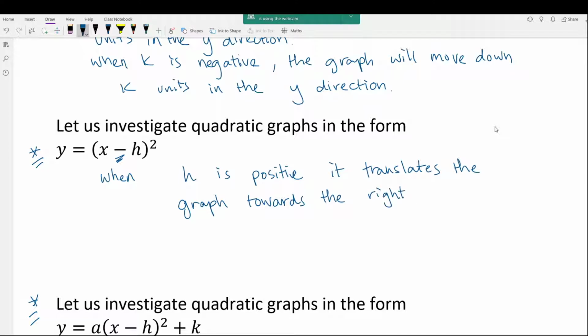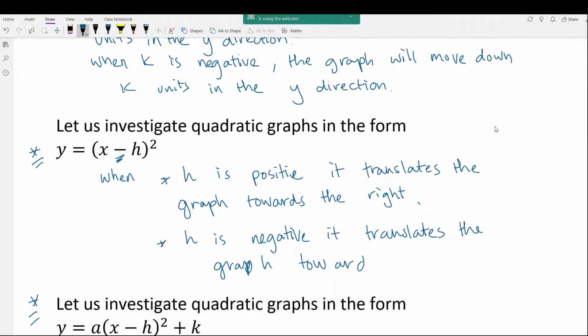Some of you might be confused about what's going on here, I'll explain in a minute. When h is negative, it translates the graph towards the left. I'll explain what that means.